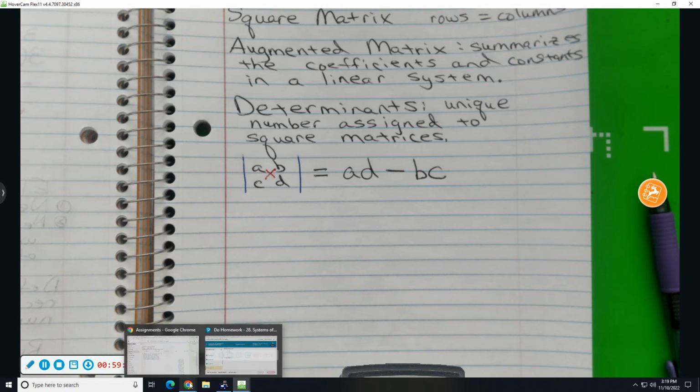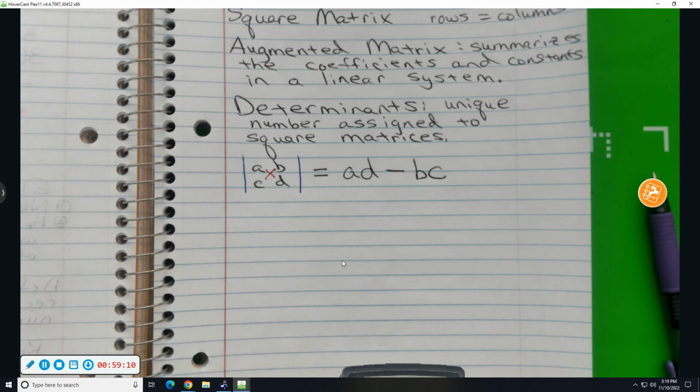The letters are not so important, like in the quadratic formula, negative b plus minus. What's important here is the pattern, what's called the major diagonal and the minor diagonal.